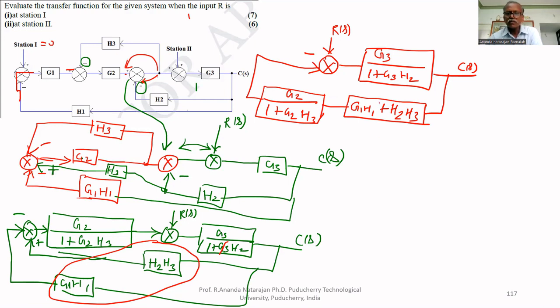That's why to make positive, we are putting a negative sign here so that it becomes positive feedback. H2, H3 is positive feedback. Now, we can simplify by using the seventh rule. This is forward path. This is loop.